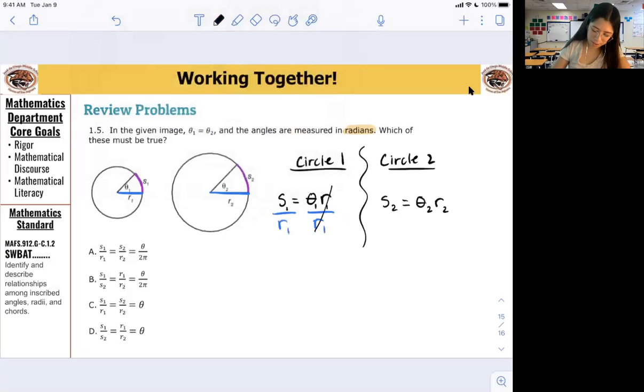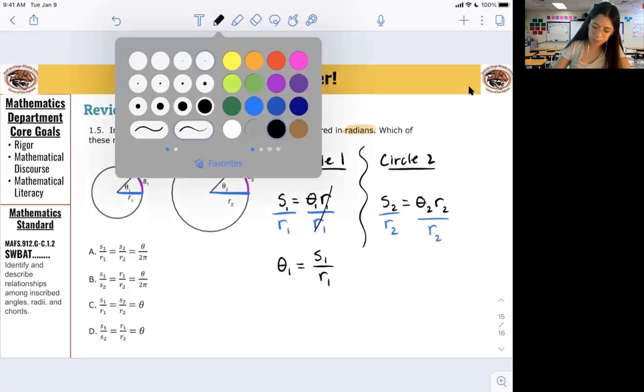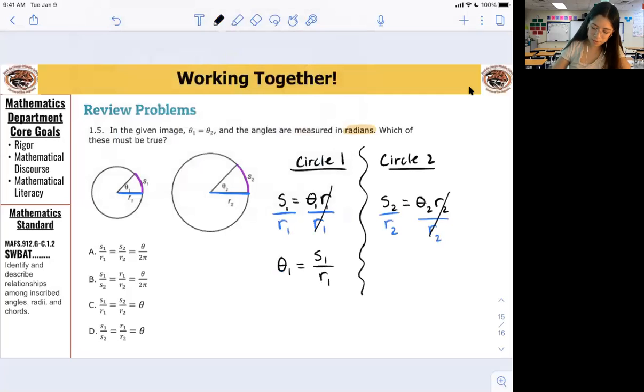So I know that theta 1 equals S1 over R1. And then same thing on the other side, I can divide by R2, which means that theta 2 equals S2 over R2.